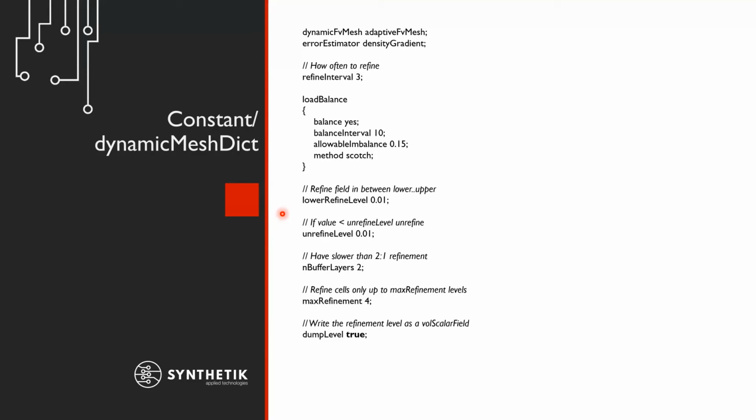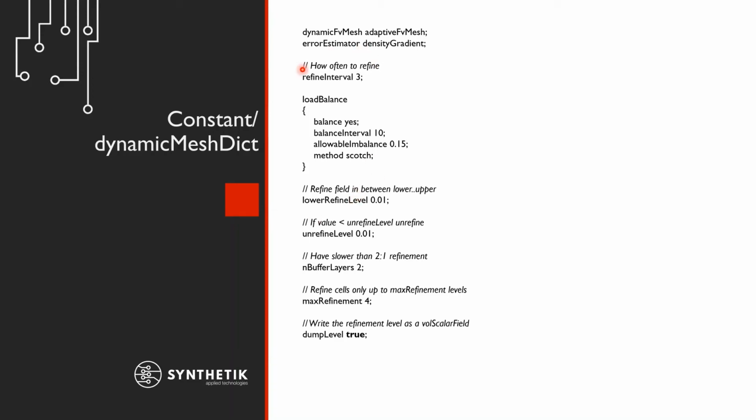Their buffer layers just mark cells which won't be unrefined. This buffer layer will actually refine cells within that buffer layer. So if you have error in a cell, it'll actually refine 2 cells in each direction, even if they're not marked as errors.